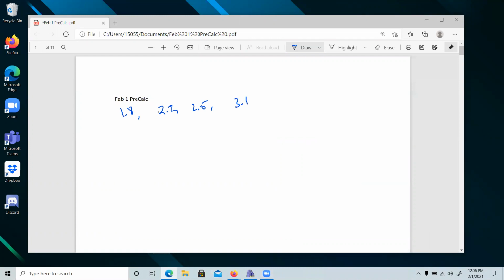Okay, that's where we went up to. That's where we're stopping. I know we started a little bit of logarithms last week, but the stuff that we're supposed to cover from weeks 1 through 4 goes up, including 3.1. So that's where the test stops. So you should probably look through some logarithm stuff so you don't forget between this week and next week, but you're not responsible for it yet.